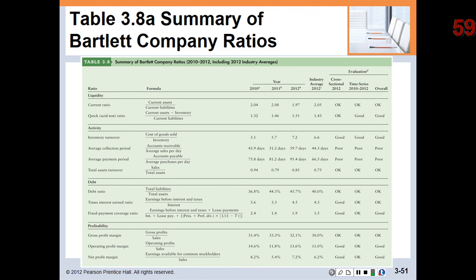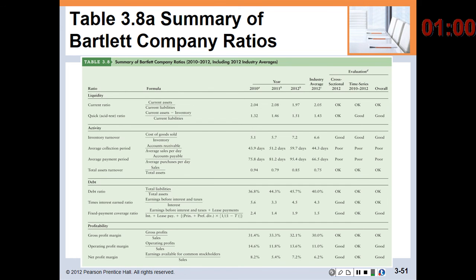So the formulas, and by the way, I forgot to mention, for the test, I give you a formula sheet, and it's going to have all of these ratios listed on it. So you don't have to worry about memorizing ratios, memorizing formulas, any of that. If we cover a formula in class, it will be on that sheet.